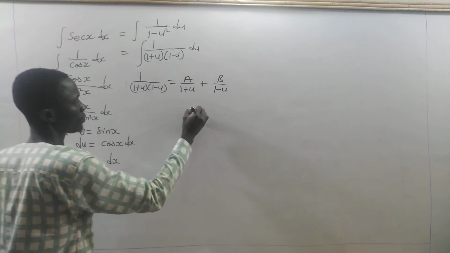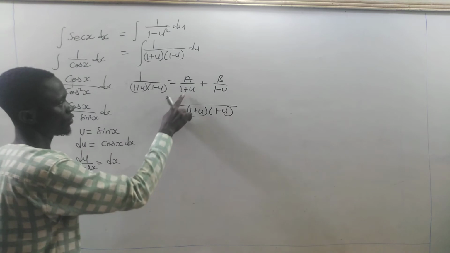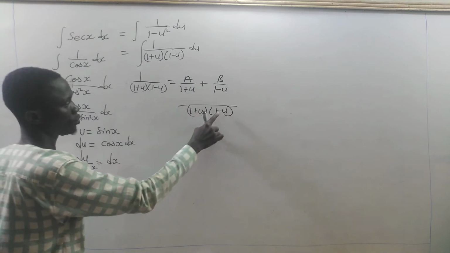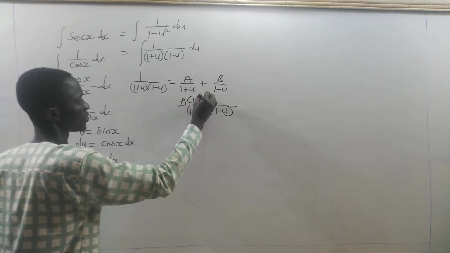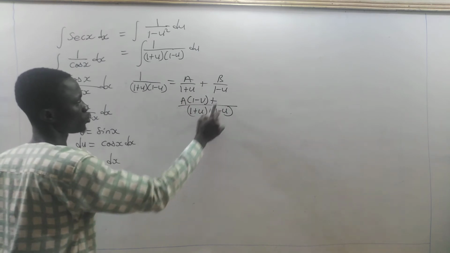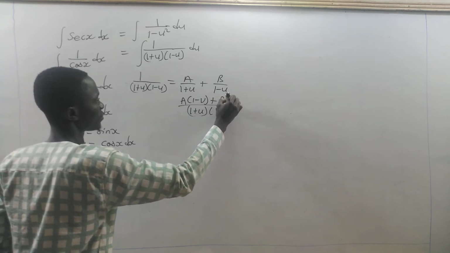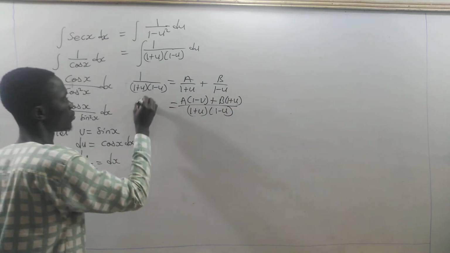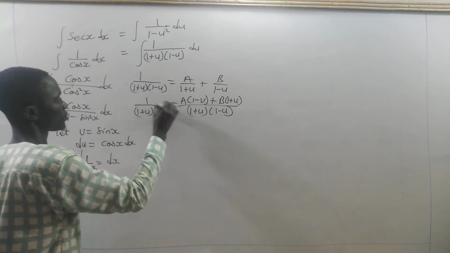The LCM is 1 plus u times 1 minus u. So here 1 plus u divides this, you get 1 minus u times A. Plus, 1 minus u divides this, you get 1 plus u times B. This is equal to 1 divided by 1 plus u times 1 minus u.